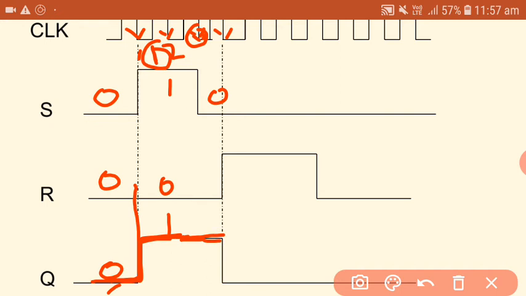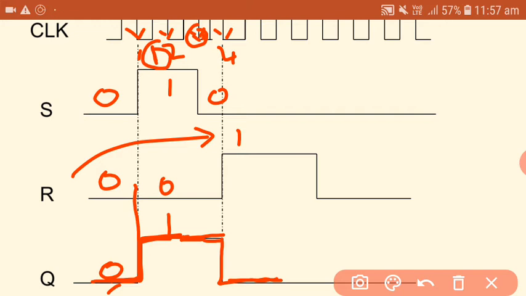When the fourth negative edge triggered clock pulse is applied, the inputs are S is equal to 0 and R is equal to 1. For S equal to 0 and R equal to 1, the output will be equal to 0, because you are resetting the flip-flop, since R is equal to 1.